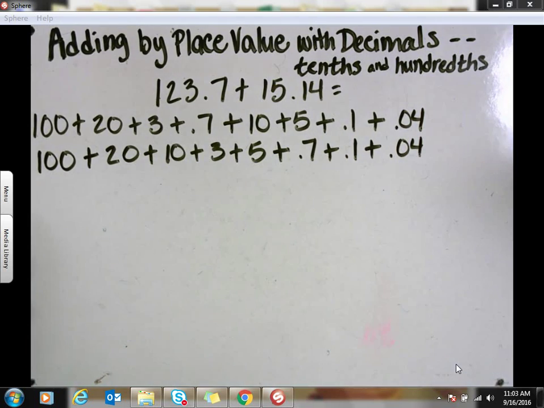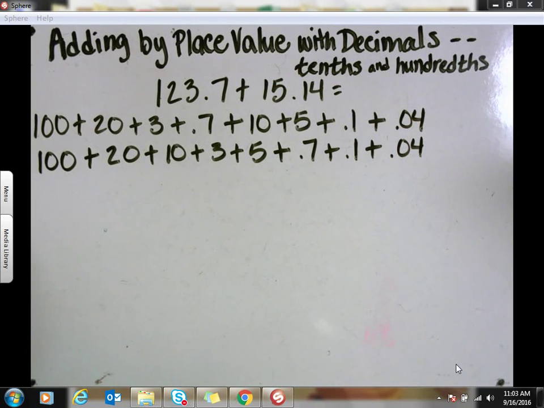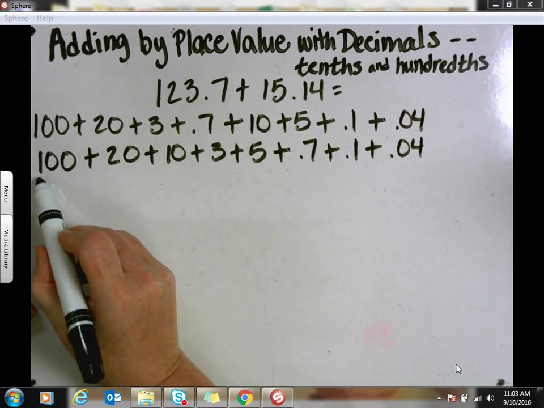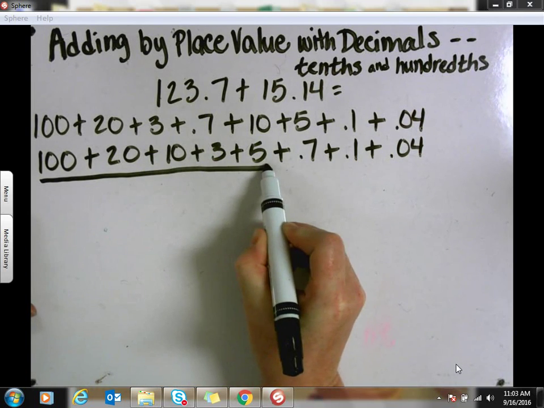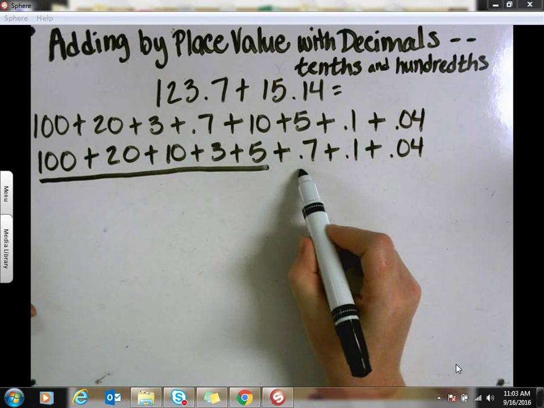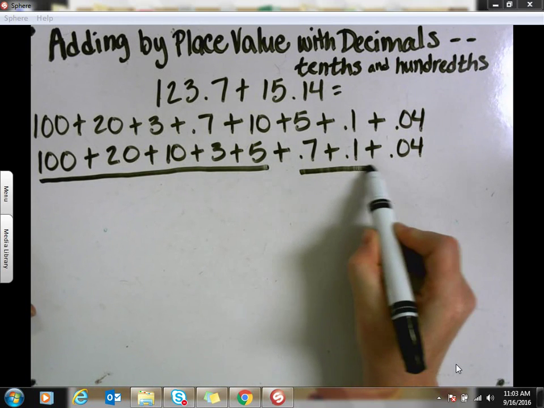Now that I've reorganized all my numbers by place value, I can start putting them back together. I'll start with the whole numbers and then work with the decimals. My whole numbers include the hundreds, the tens, and the ones. My decimals include the tenths and the hundredths.